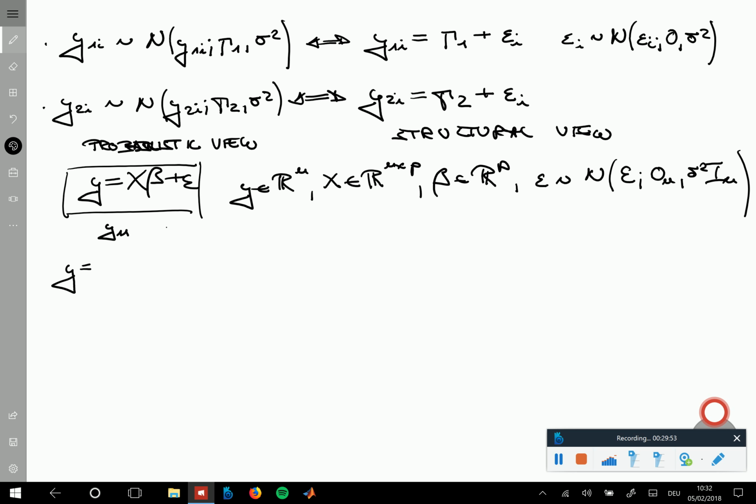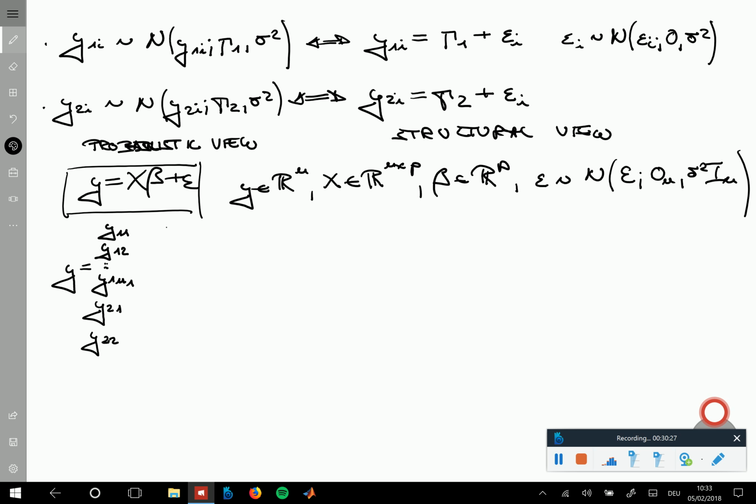We take the first participant's or experimental unit's data from the first group, then the second from the first group, and so on, until we are at the n1th of the first group. So this goes to n1. And then below that we put the first data point from the second group, or better, the random variable of which we conceive the first data point of the second group to be a realization.